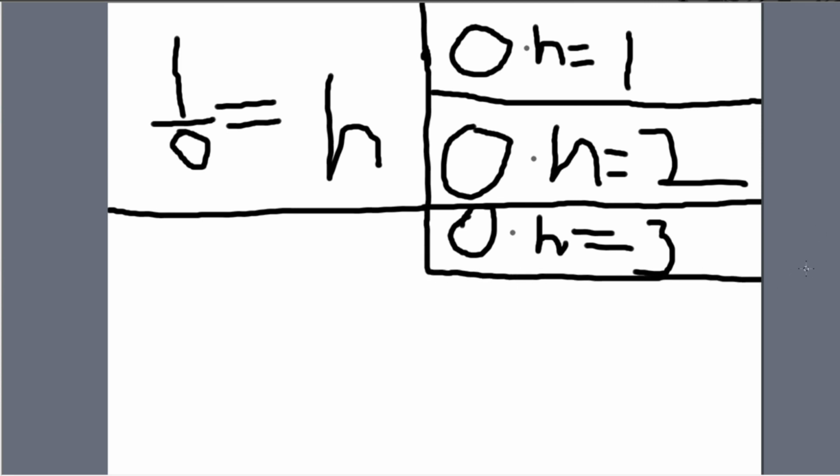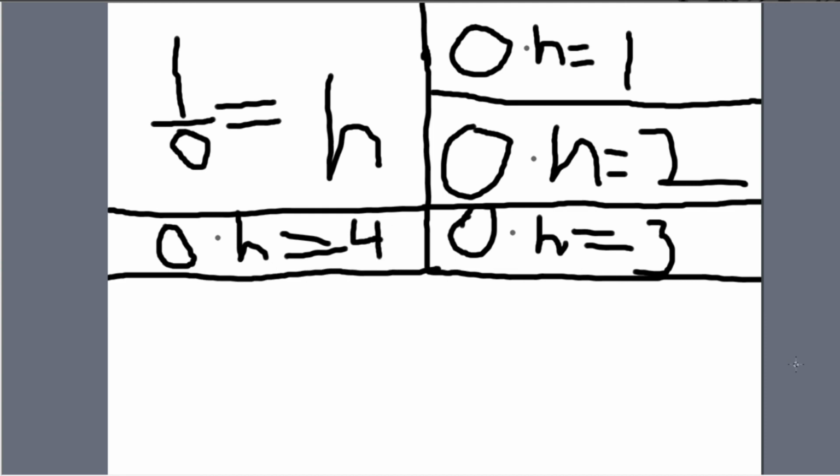You can do this process for any number. You can go through this for any number. So I can just say that 0 times h equals 4. I've already shown you how to do the process, so if you just go through it yourself, 0 times h plus 0 times h plus 0 times h plus 0 times h equals 4, then you can do some distributive property stuff and you'll end up with this, right?